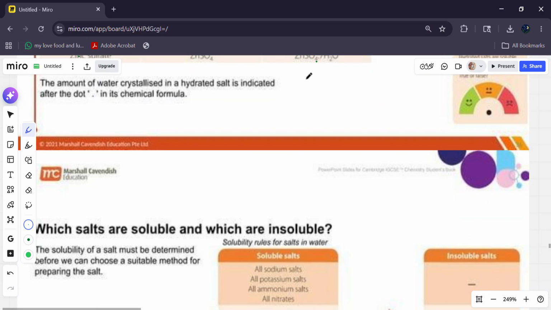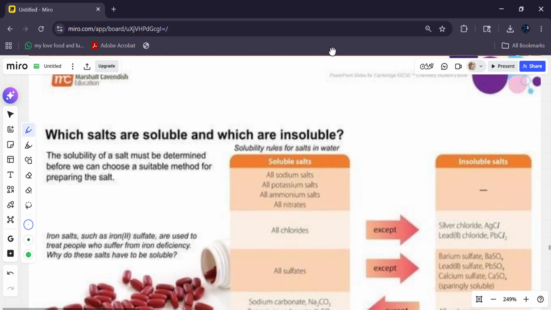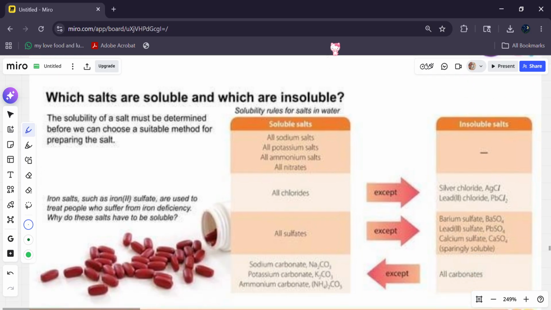Now, which salts are soluble and which salts are insoluble? The solubility of a salt must be determined before we can choose a suitable method of preparing the salt. Although salts are ionic compounds, not all salts are soluble in water.